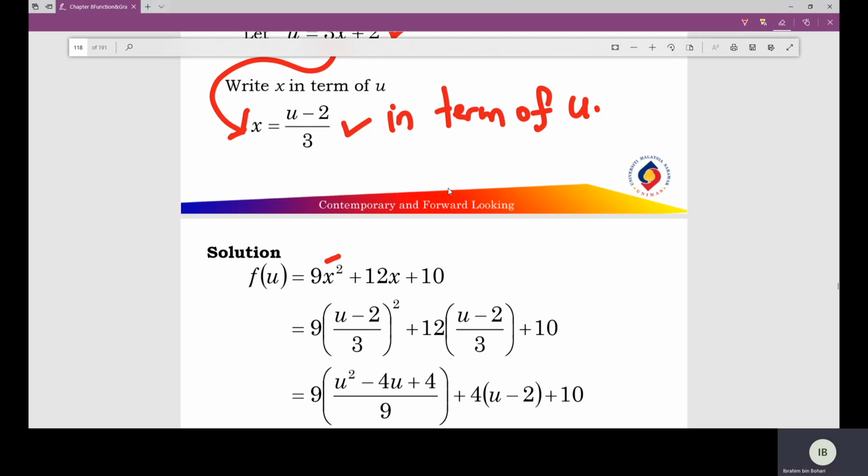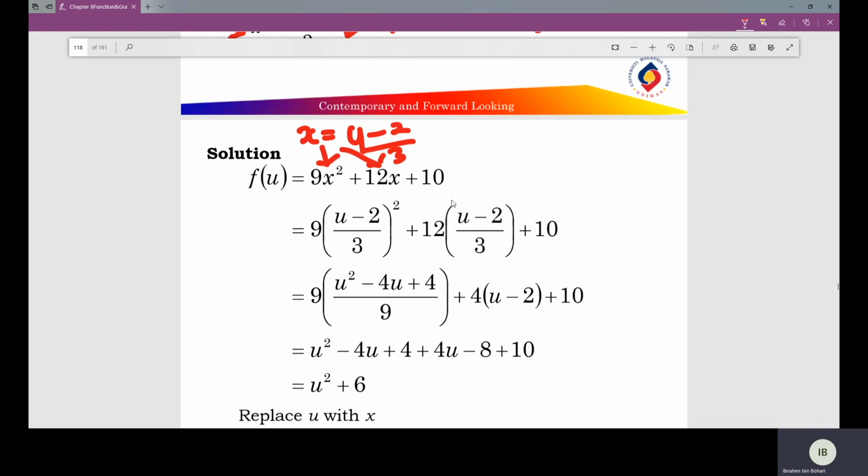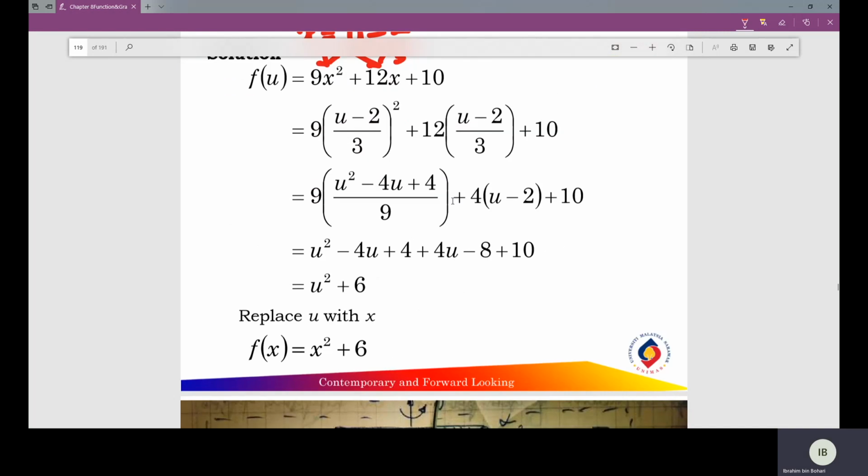You substitute. So 9 times (u minus 2 over 3) squared, plus 12 times (u minus 2 over 3), plus 10.